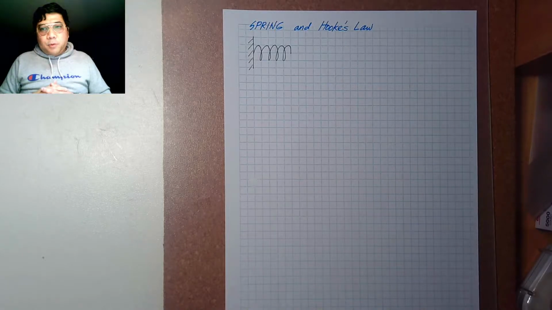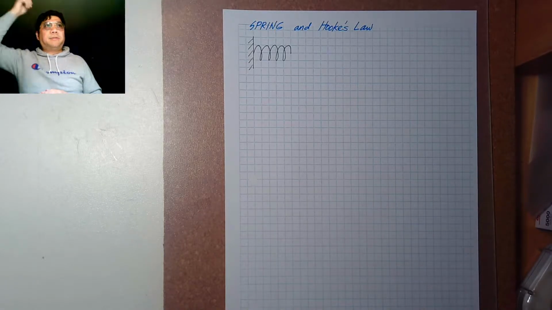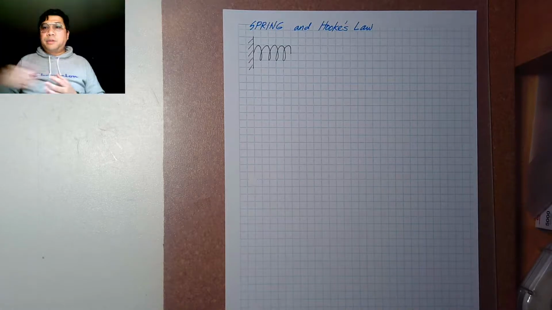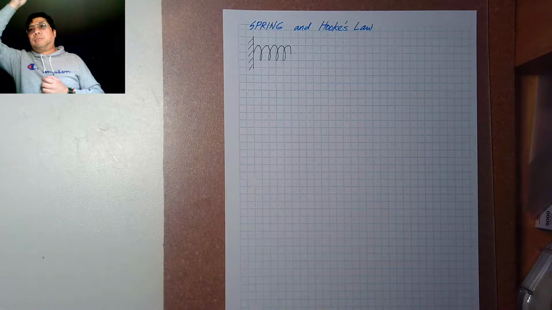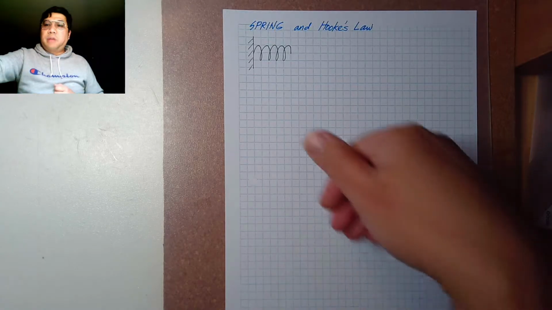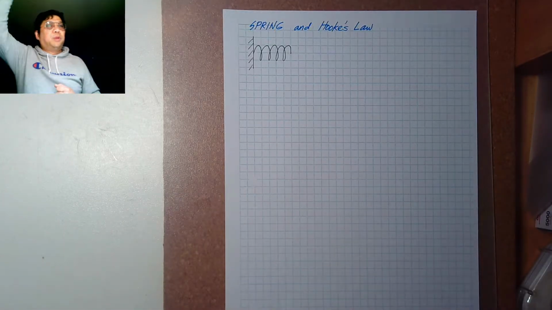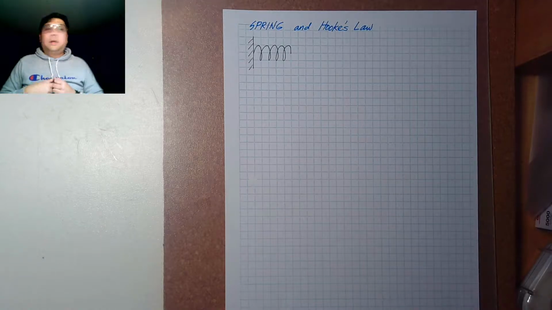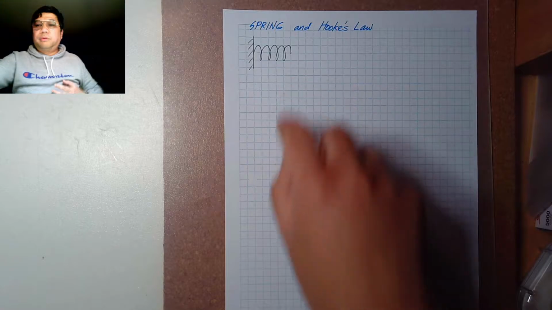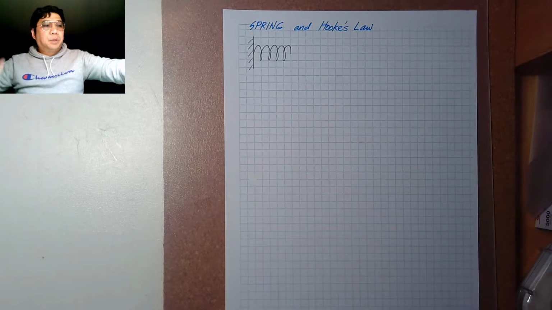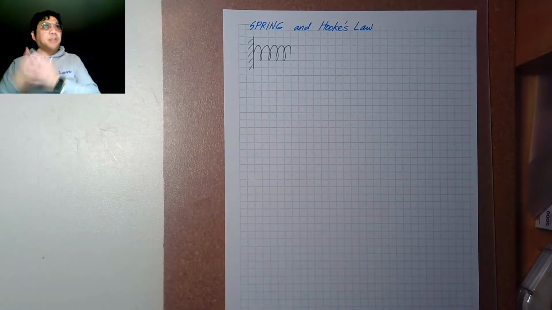Some questions have springs hanging from a horizontal plane, so it's hanging and moving, or it might be on top of a horizontal plane where you have to apply a load on top of it. So, different configurations, and at the same time, we will also go over compression and extension springs.